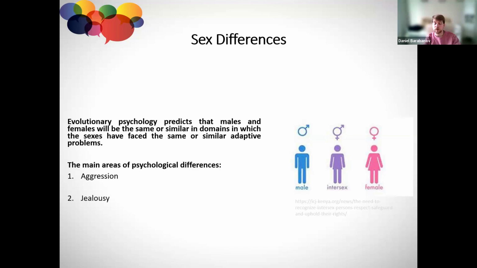Jealousy is an interesting topic. The idea of evolutionary psychologists was that men and women would experience and express jealousy in different ways because they have different mating and reproduction strategies.